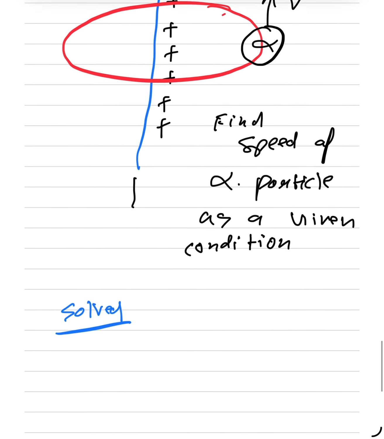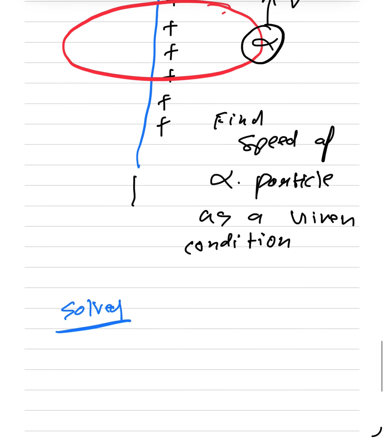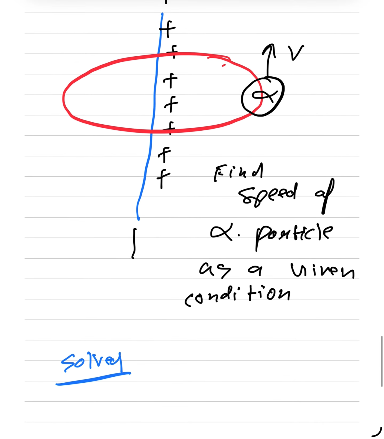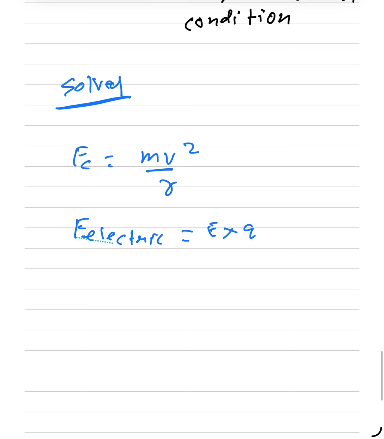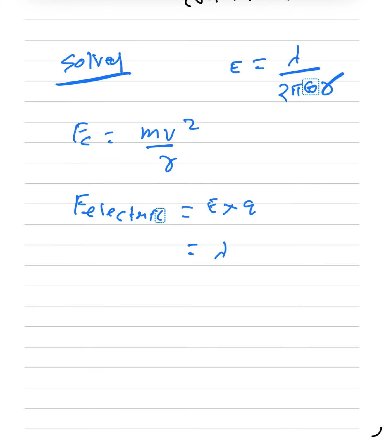When the alpha particle moves along the circular path, then centripetal force acts, meaning the centrifugal force Fc equals m v square divided by r, and the Coulomb force F, meaning electric force, equals electric field times charge, E times q. The value of electric field E equals lambda divided by 2 pi epsilon naught r, and we put here lambda divided by 2 pi epsilon naught r times q.